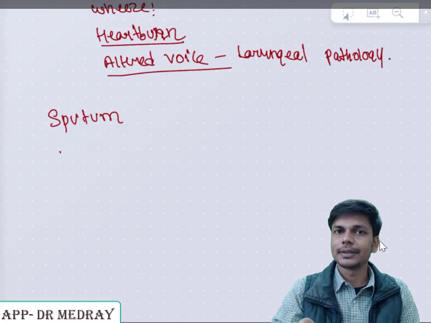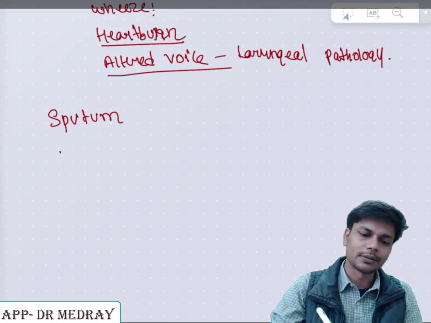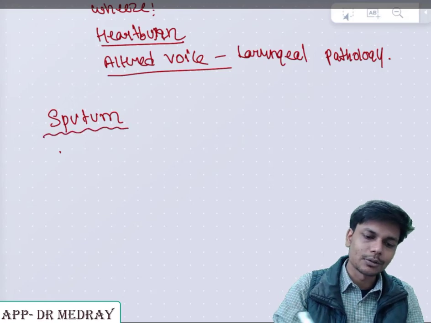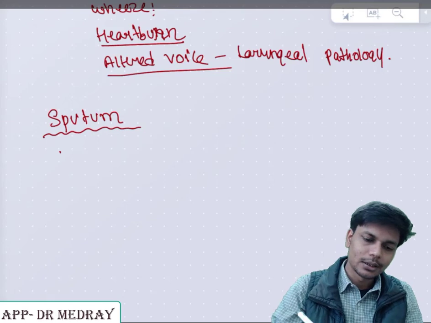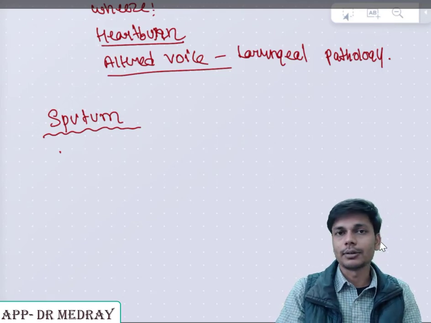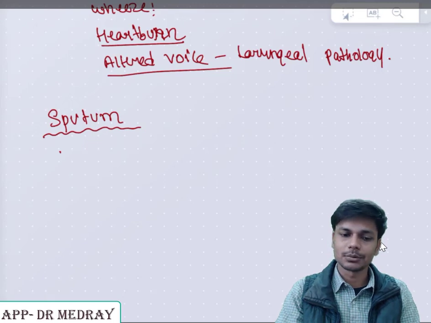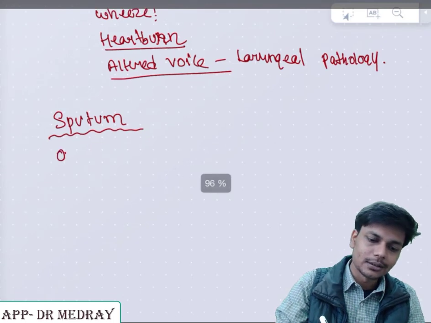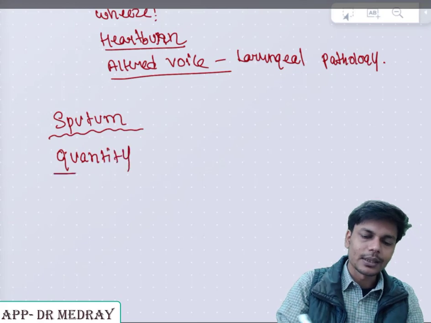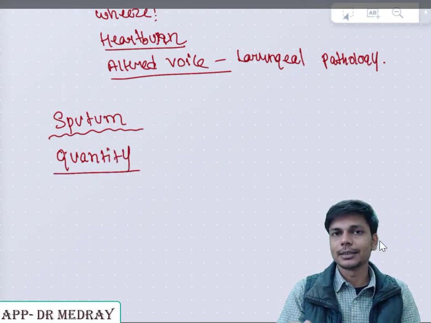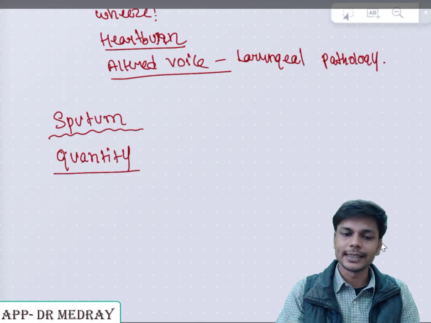But if it is present with sputum or expectorant, it is known as productive cough. So the second chief complaint is the sputum production or the expectorant. What history is important in sputum production is the quantity of the sputum, the amount or the volume of the sputum which is produced per 24 hours.